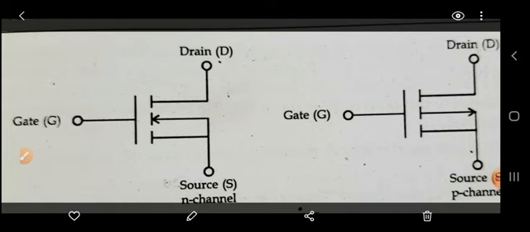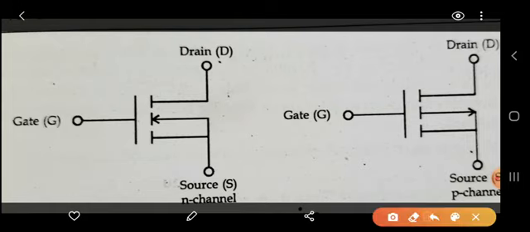You can see in the diagram there are two symbols. One is a MOSFET with N channel, and another one is a MOSFET with P channel. This is N channel and this is P channel MOSFET.